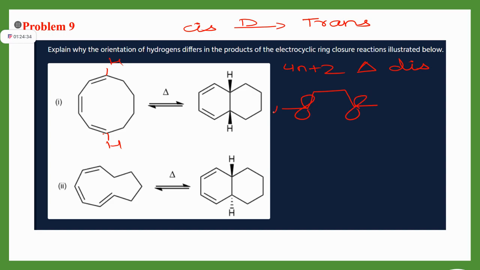These two hydrogens are opposite. On disrotation, they will go same side, above, above. It will form this, hydrogen above, above. So yeah, correct. And if we look at here, this hydrogen is going above. This is also going in the same direction. So obviously on disrotation, they will go trans. So this was the reason why the orientation of hydrogens was different in the product of electrocyclic ring closure.